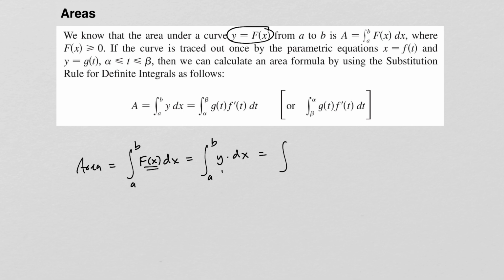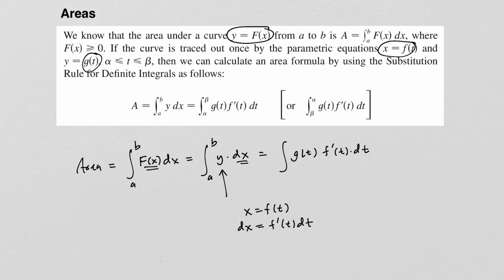But then we also know that y is equal to the parametric equation g of t, and x is equal to the parametric equation f of t, and that means that dx will be f prime of t dt. So I can replace dx with f prime of t times dt, and then we change the values from a to b to alpha to beta.